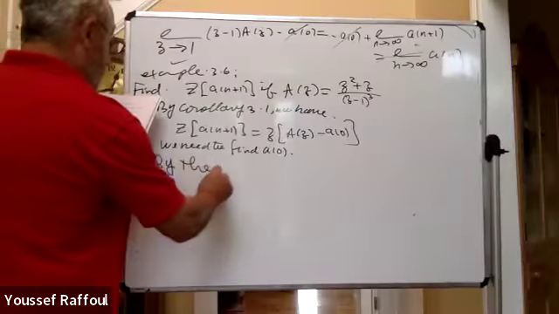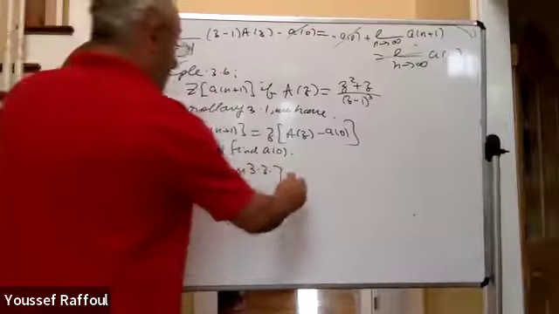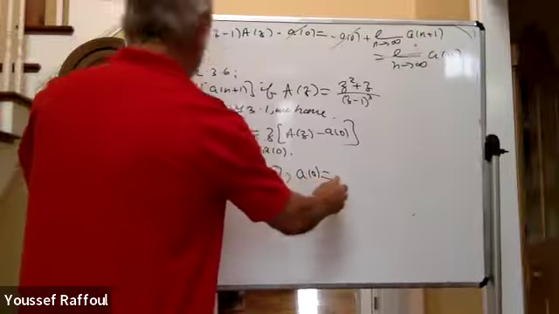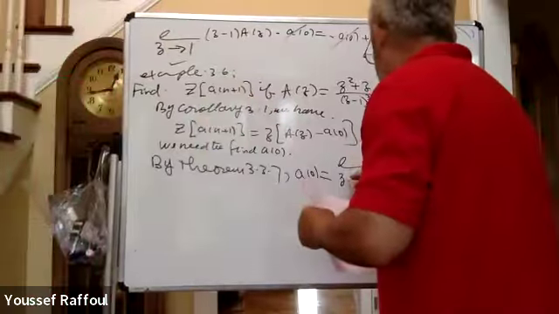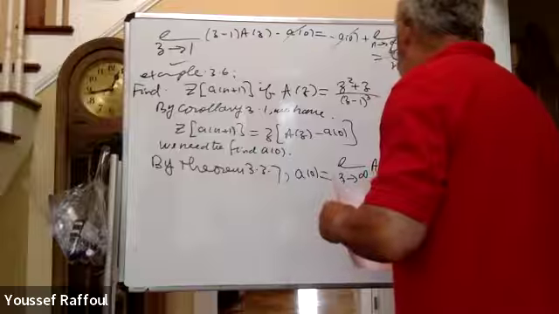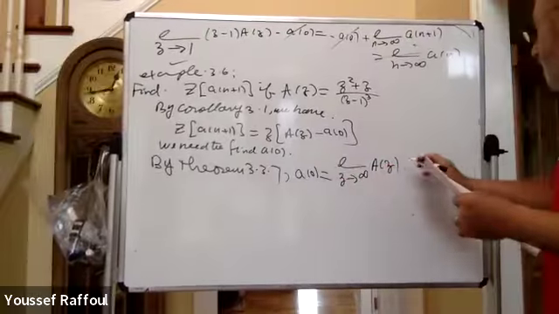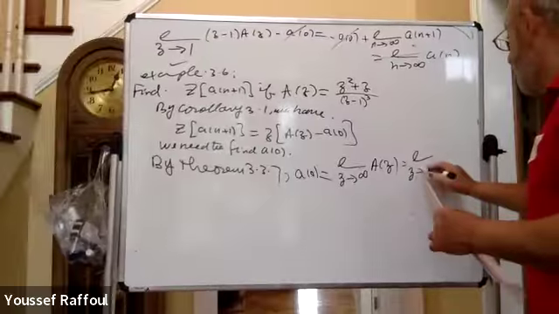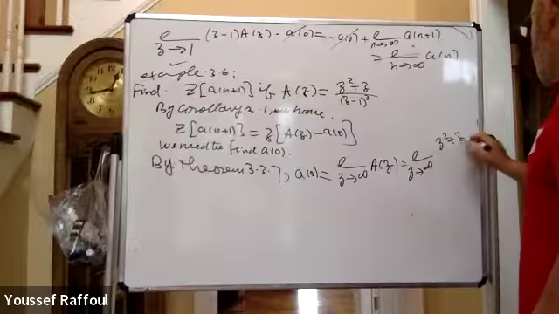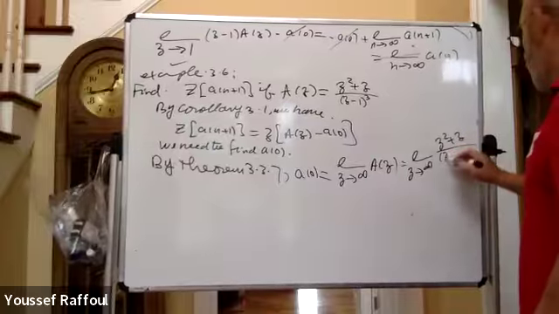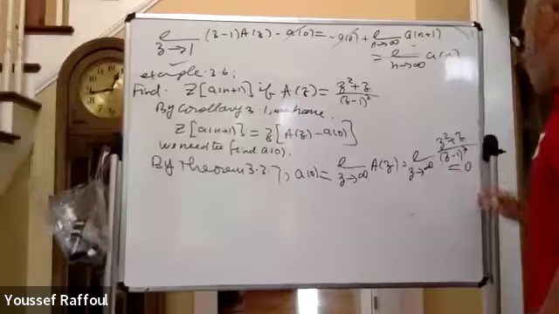By Theorem 3.37, a_0 is the limit as z goes to infinity of A(z), and that is the limit as z goes to infinity of (z squared plus z) over (z minus 1) cubed, and that goes to 0.